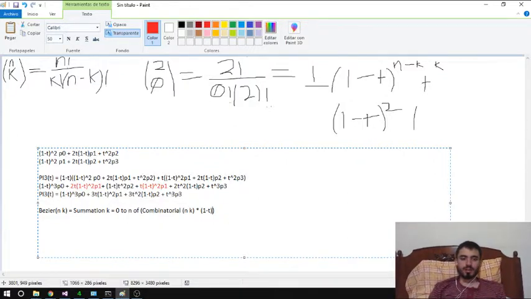So we have (1 minus t) to the n minus k and t to the k.